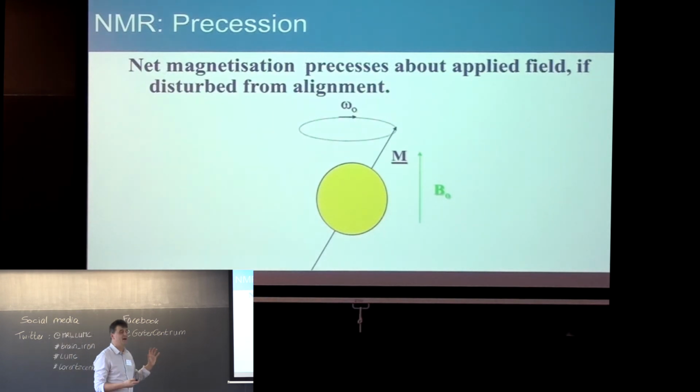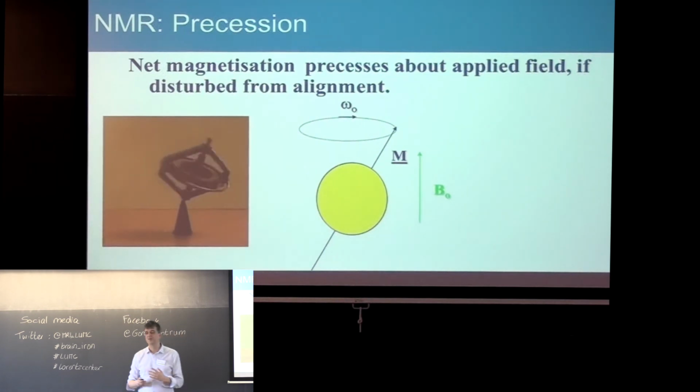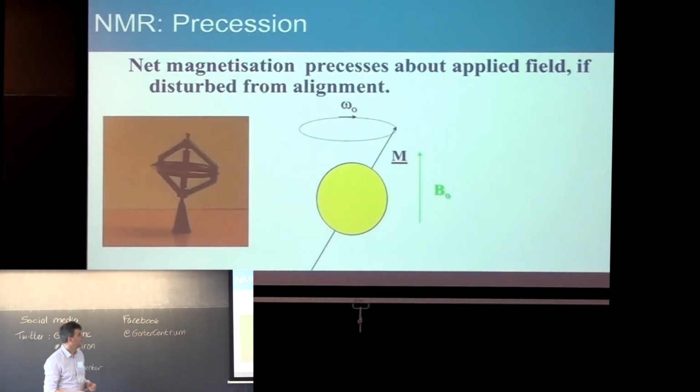So that net magnetisation tends to line up with the field when you place the sample, the object, into a magnetic field. But if somehow you disturb that net magnetisation from alignment with the field, it goes into a precession around the field direction. So it shows a kind of gyroscopic behaviour.